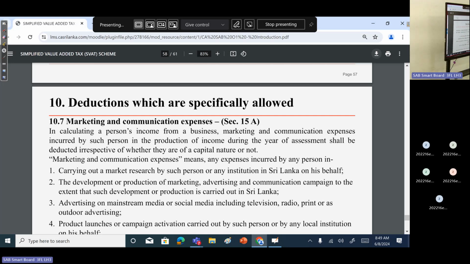What is the communication? General. Communicating expenditure.